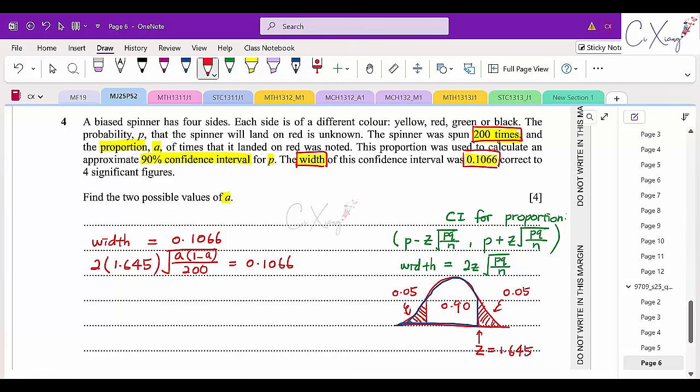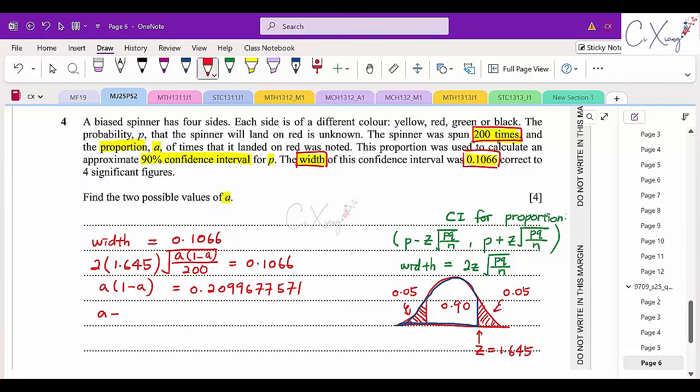Okay, then maybe we need to do a little bit of calculation here. I try to move all the numbers to the other side. I just try to keep A and also 1 minus A on the left. By right, you will get a very long value. This is what we should have.